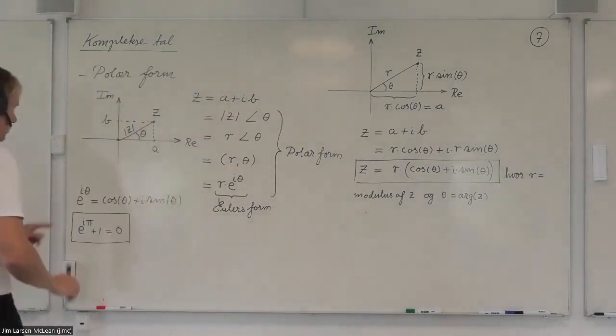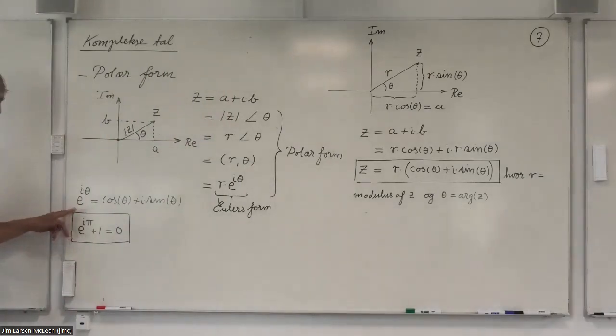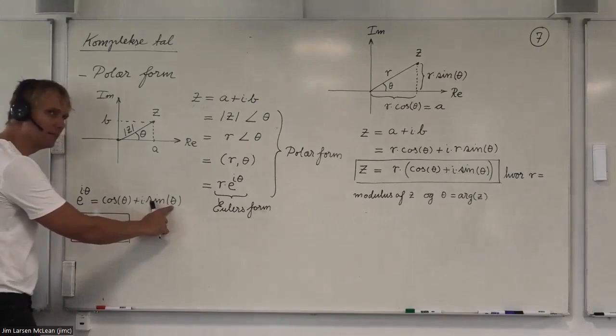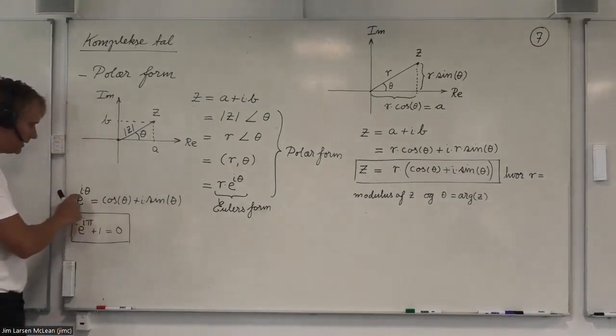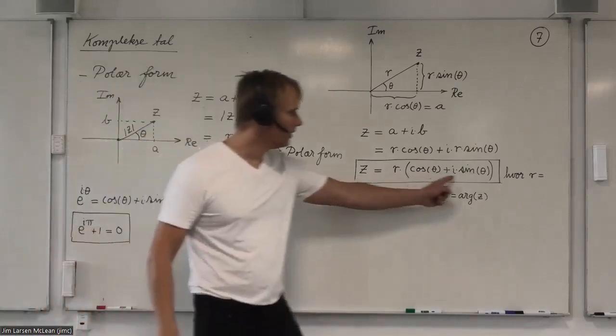If we take it on trust, what I've written over here, even though it hasn't been proven yet, if we just believe that it's true, that the cosine of an angle plus i times the sine of the same angle equals Euler's number raised to the power of the imaginary unit times this angle. Now you can see what it's like if I put this right in that spot over there.